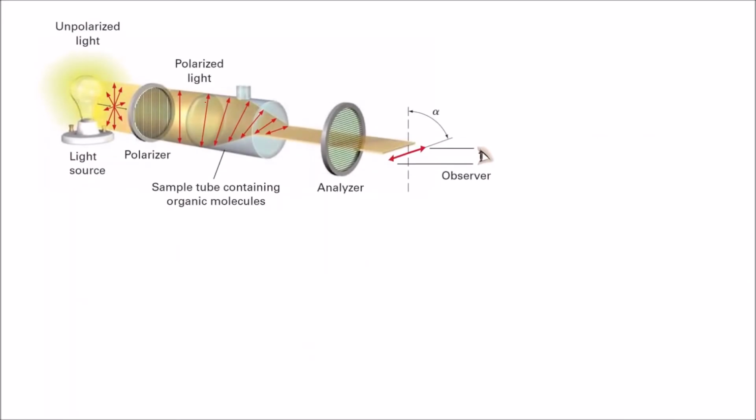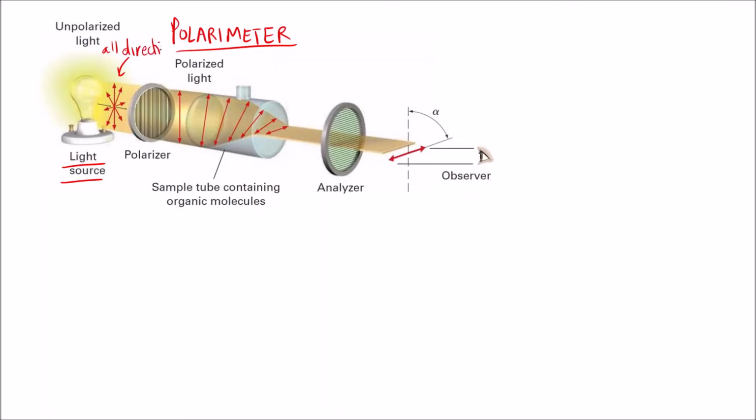This is the basic diagram of a polarimeter. Let us first try to understand the different components of a polarimeter. Here you can see there is a light source which gives out a light beam which vibrates in all directions.